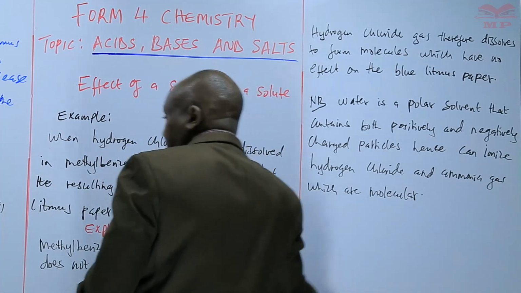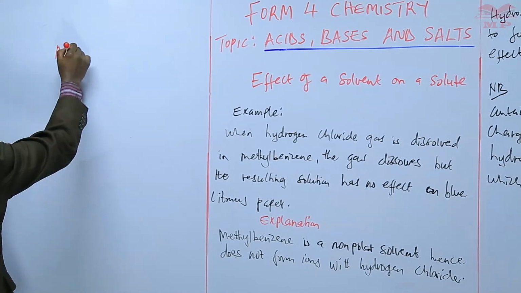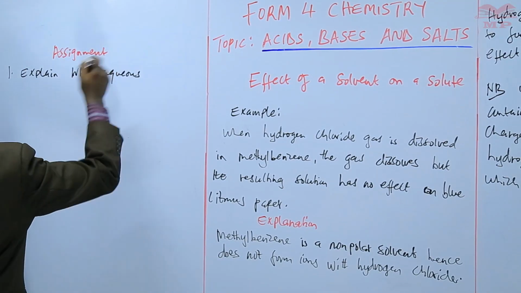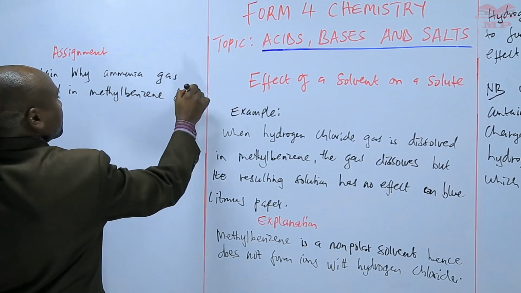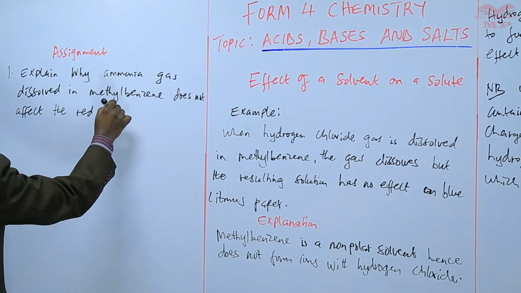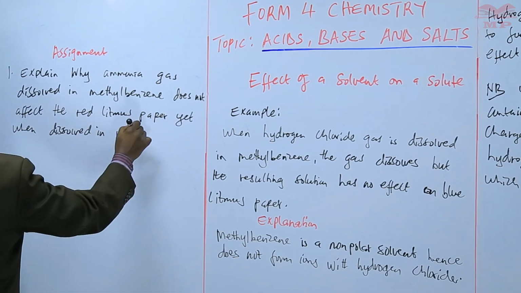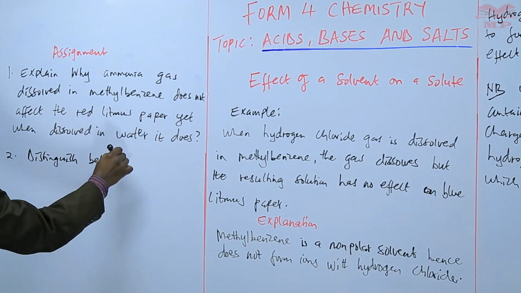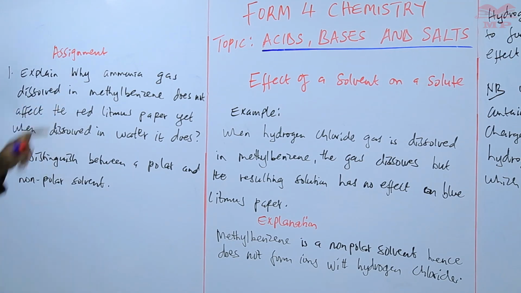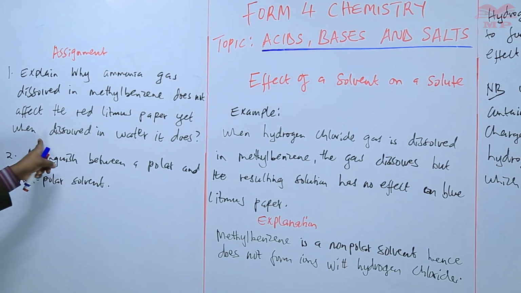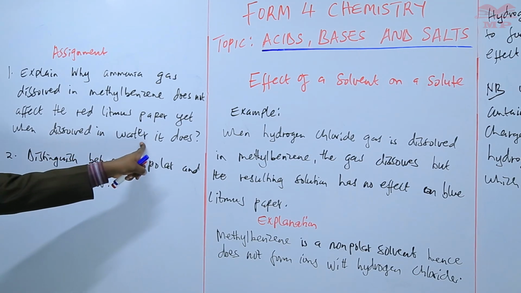Our assignment. The first question in the assignment: explain why ammonia gas dissolved in methyl benzene does not affect the red litmus paper, yet when dissolved in water, it does.